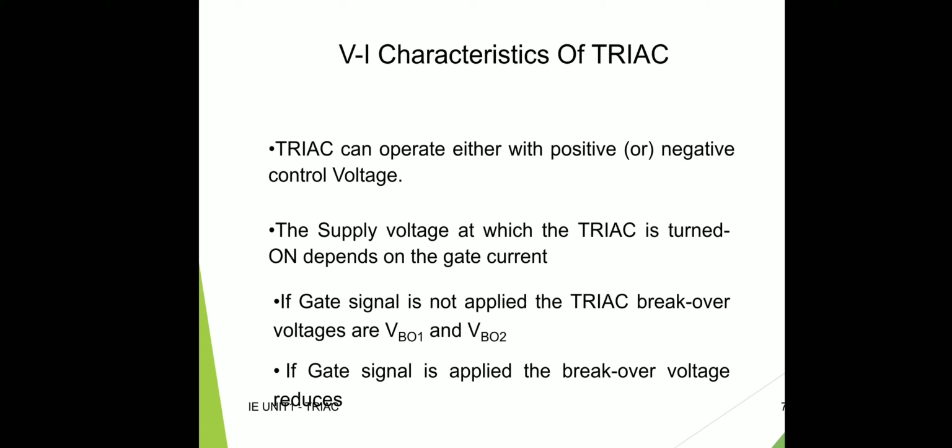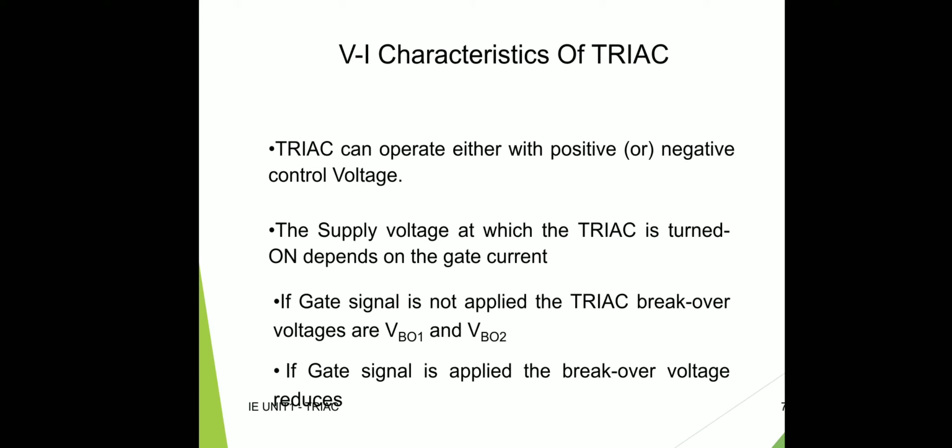If you see the second point, the supply voltage at which the triac is turned on depends on the gate current. That means if the gate current keeps increasing, the voltage required to turn on the triac reduces. That means the breakover voltage is reducing.